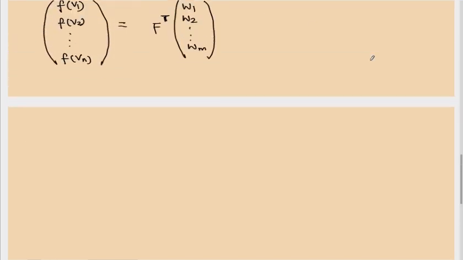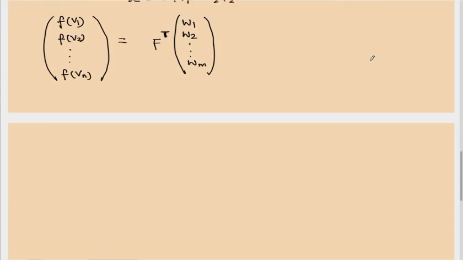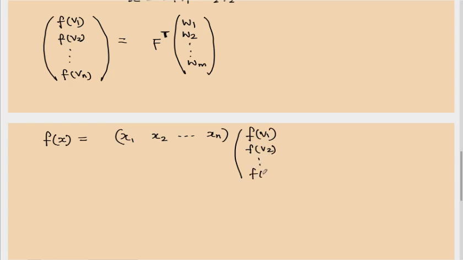So now let me see. What is F of x? F of x is obviously x1, x2, up to xn, and this is Fv1, Fv2, up to Fvn. So this is x1, x2, up to xn, F transposed times this.